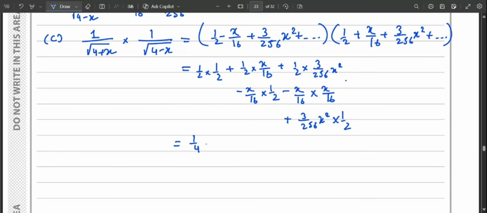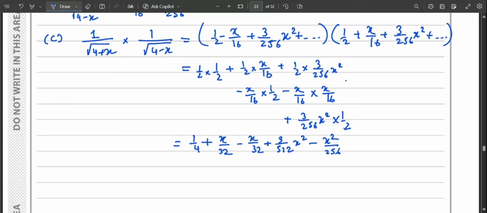This will give us plus 3 by 512 x square, and again minus x by 16 into x by 16 would give us minus x square by 256, and then again we can simplify the last term. 3 by 256 x square into half would be equal to 3 by 512 x square.